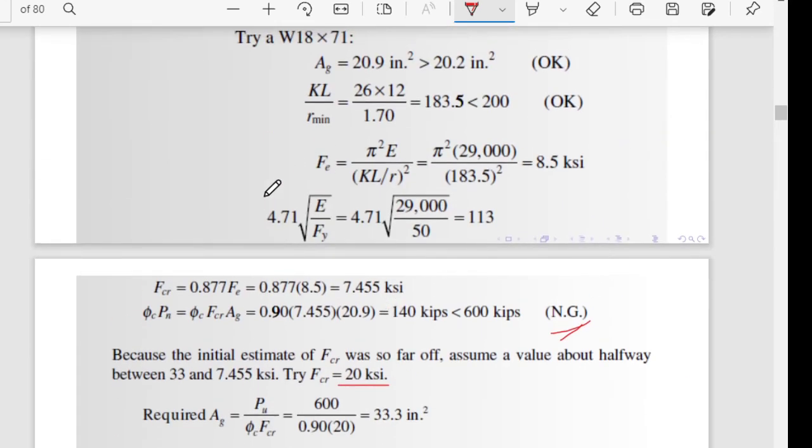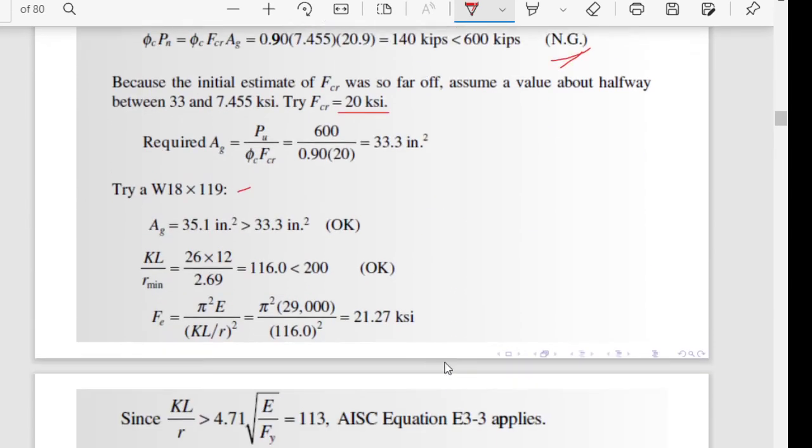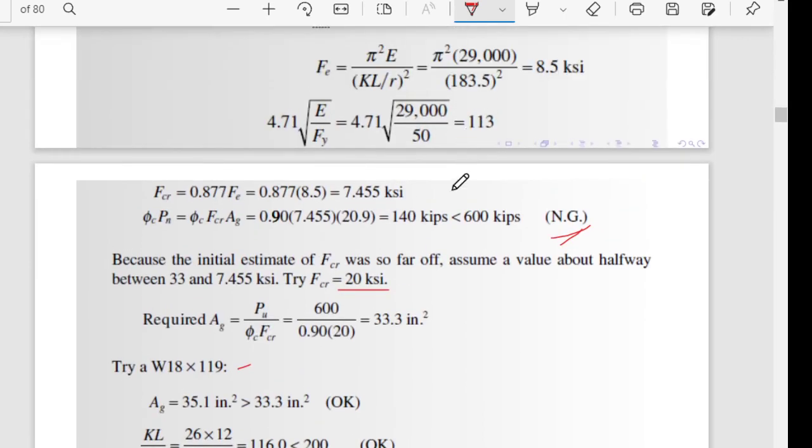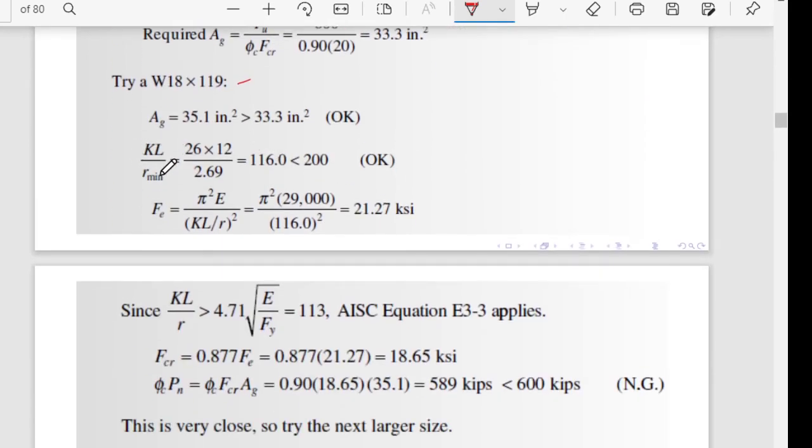The value of 4.71 square root of E over Fy cannot change, because we always use this E and Fy for A992 steel, 50 KSI, no? So the value for this is still 113. Comparing this value to KL over R, the new slenderness ratio, 113 is still greater than KL over R.